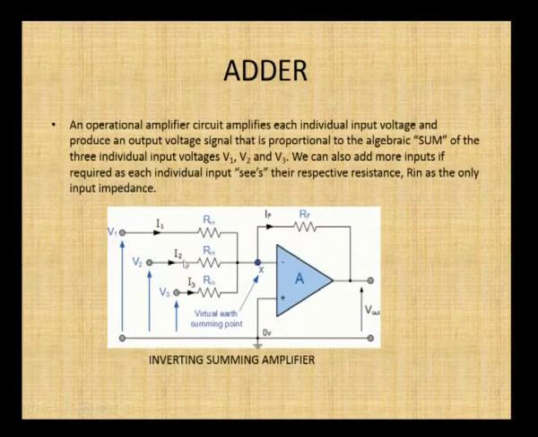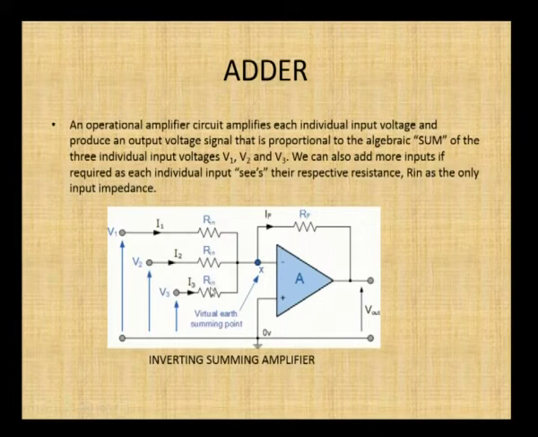So, here V1, V2, V3 are given to this node and at this node these voltages are summed up and the sum of these voltages is given to the negative terminal. And what is the output of this circuit? The operational amplifier negative feedback circuit has got the gain as minus RF by Rn.